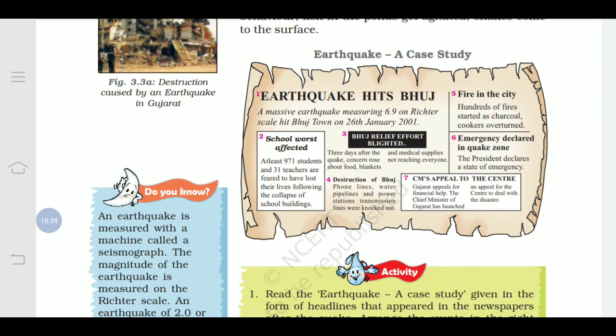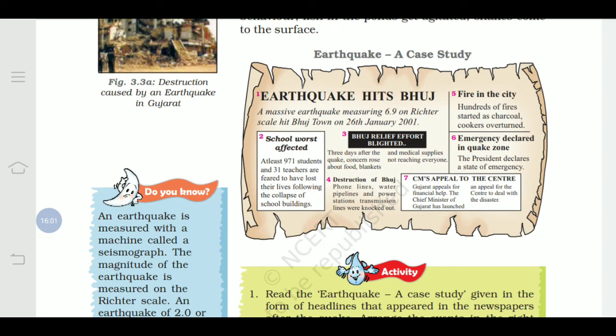We are from Gujarat, and you know what kind of severe earthquake occurred in Bhuj in 2001. A massive earthquake, you can see here, that measured 6.9 on the Richter scale, hit Bhuj town on 26 January 2001.